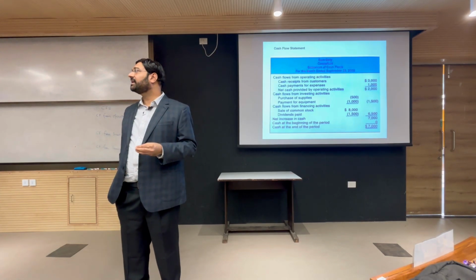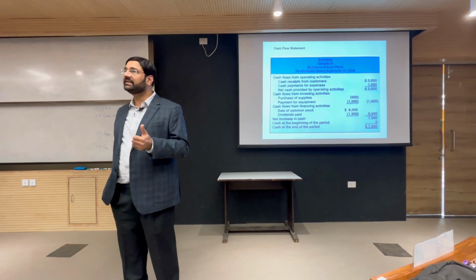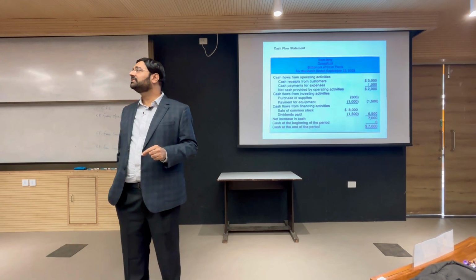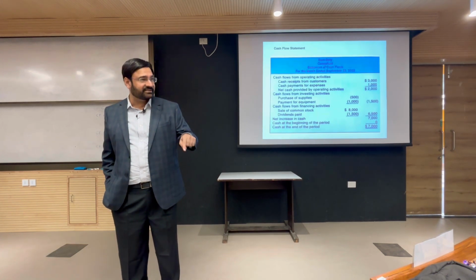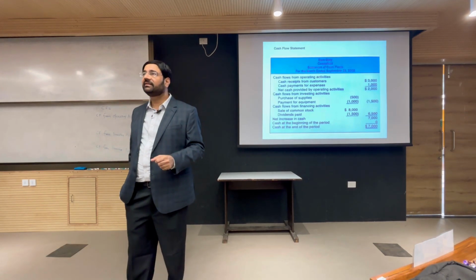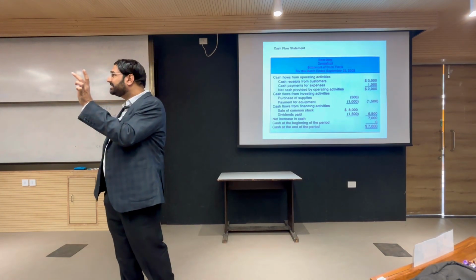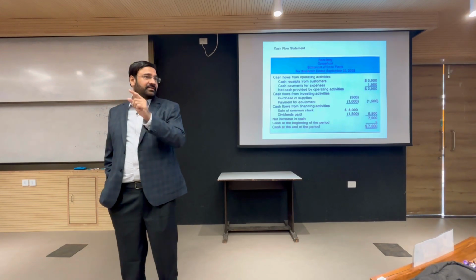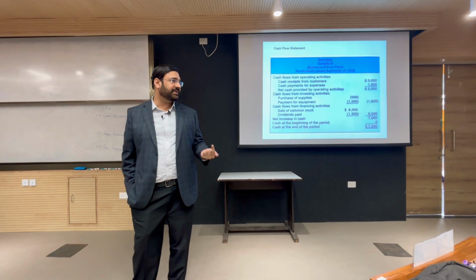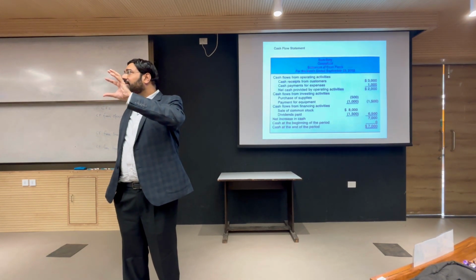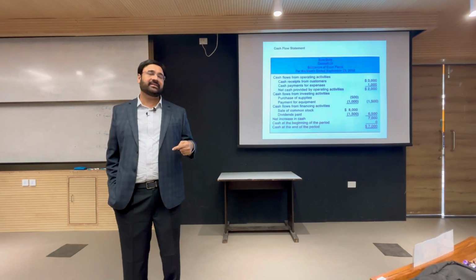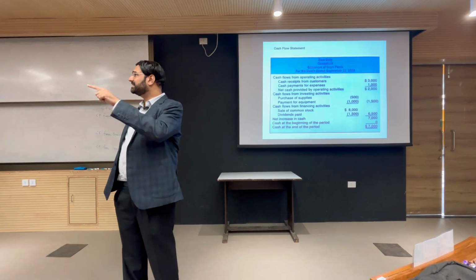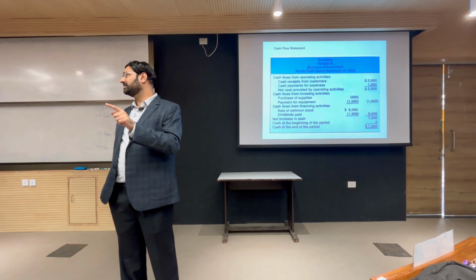But because your money is stuck in inventories, in accounts receivable, because of increase in working capital, the net profit is not the same as cash profit, right? So we have to make adjustment for the increase in working capital.